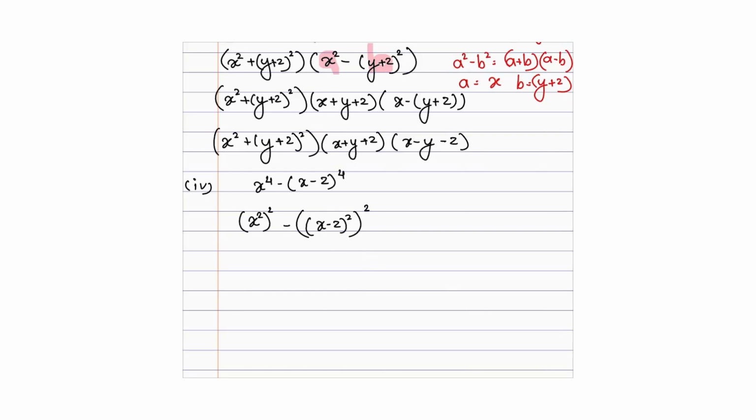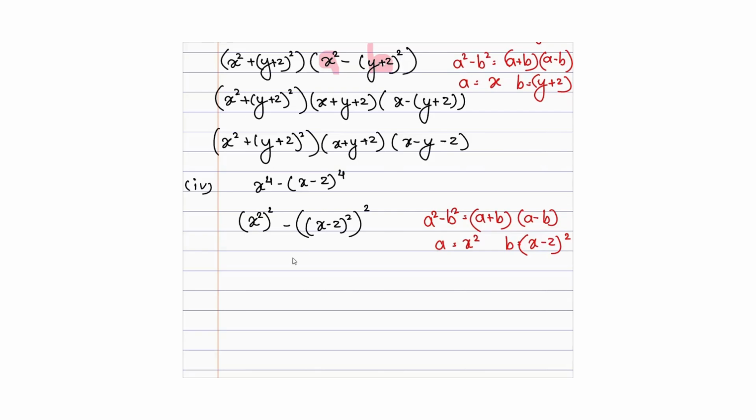So now this is again the same identity, a square minus b square, and we know that the identity is (a plus b)(a minus b), right? So here my a is what? If I compare it with this question, a will be x square and b will be (x minus z) the whole square, right?